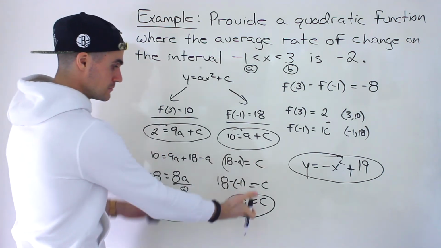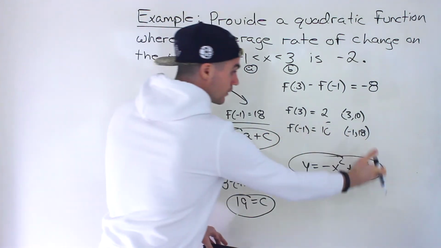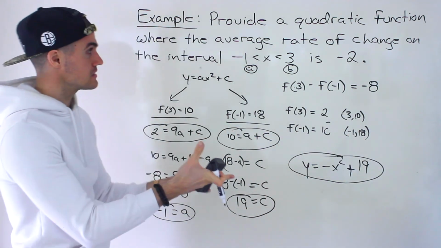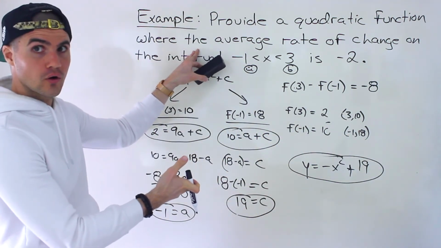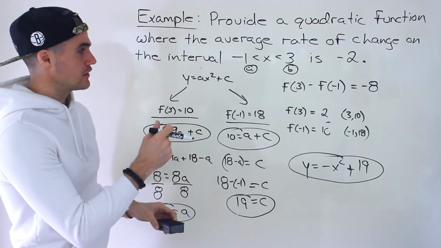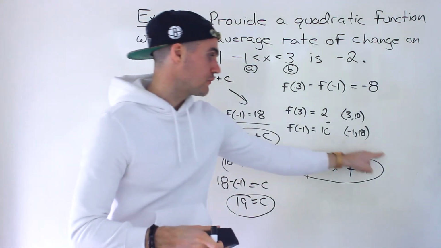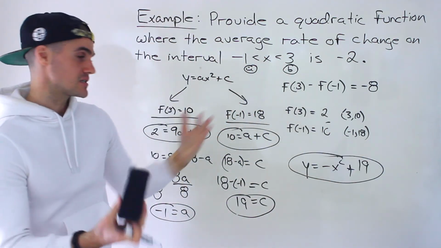Right? And then we'd get completely different solutions for the a and c. So that would give us another quadratic, but that quadratic would still work for this question. All right? So if you do get a question like this on the test, I think your teacher is just going to look more so at the steps you're doing, or they might just take your final answer and then just test it and see whether it works or not.